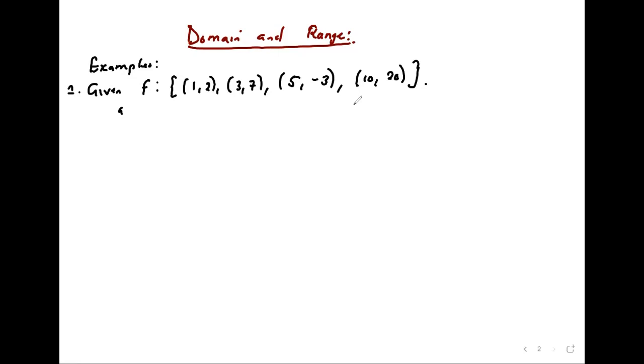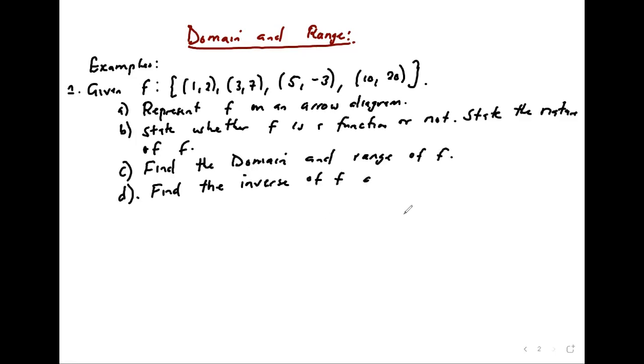Given f from 1 to 2, from 3 to 7, from 5 to -3, and 10 to 20. A, represent f on an arrow diagram. B, state whether f is a function or not.